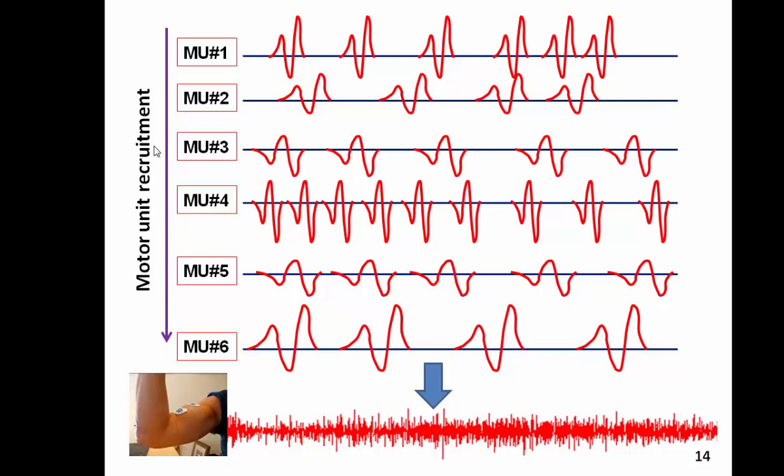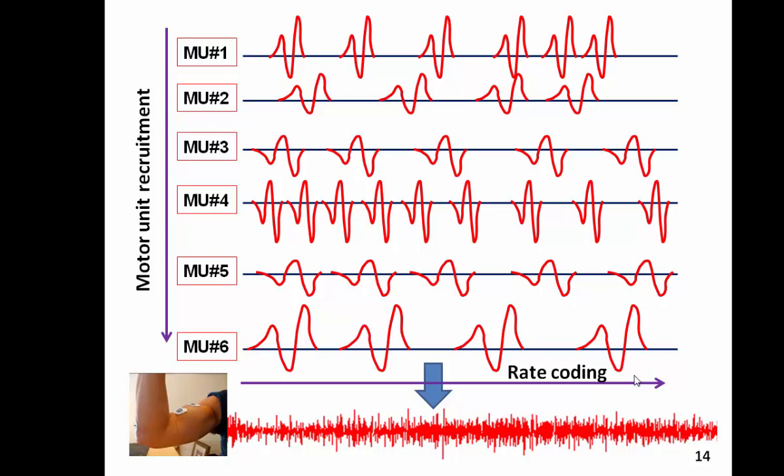Motor unit recruitment refers to the additional activation of new motor units that have not been previously activated, which will contribute to an increase in force output, but will also contribute to an increase in the overall EMG activity. As we move horizontally, so in time, that is referred to as rate coding.